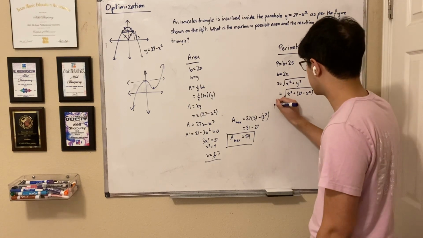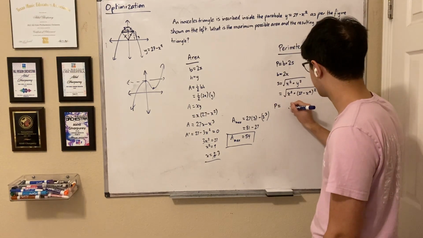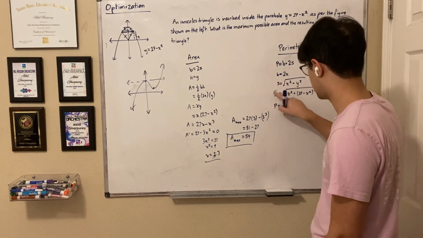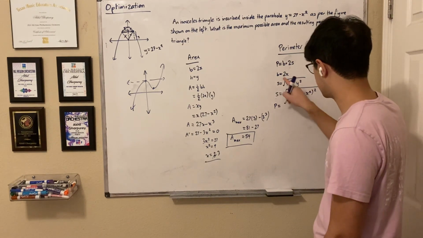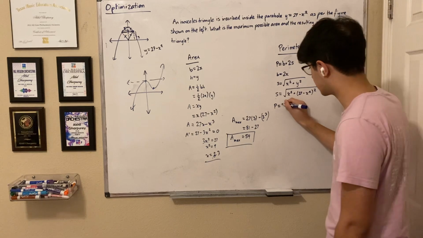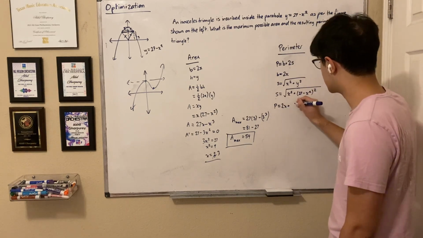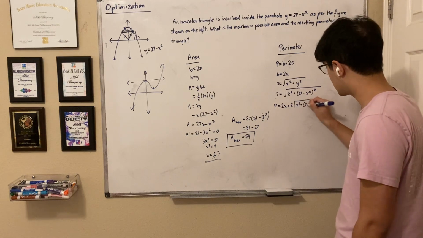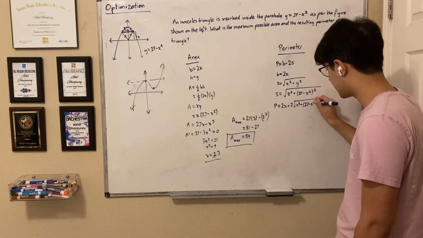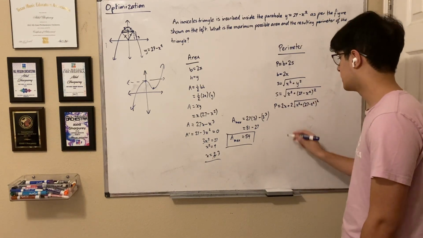So now we know that the perimeter is going to be, here, I need to capitalize that, the base plus 2 times the side length. So it's going to be 2x plus 2 root x squared plus 27 minus x squared, all that squared.